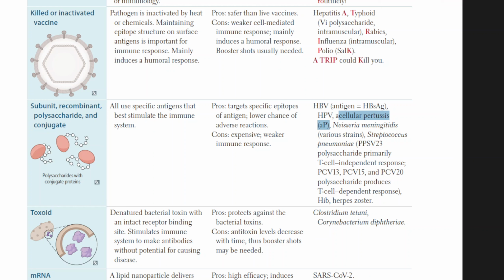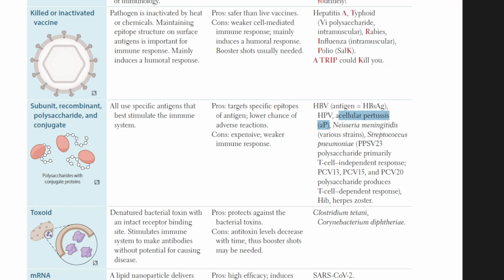It contains purified components of the pertussis bacteria rather than the whole bacteria to protect against whooping cough. Those vaccines are part of the combination vaccine that protects against diphtheria and tetanus as well. While more effective than the whole-cell pertussis vaccines in preventing disease, they may offer less long-term protection.